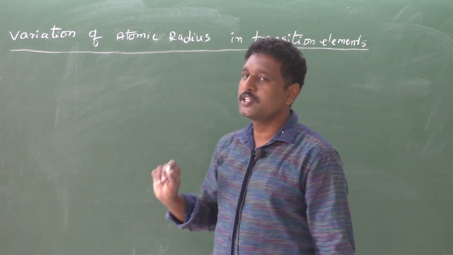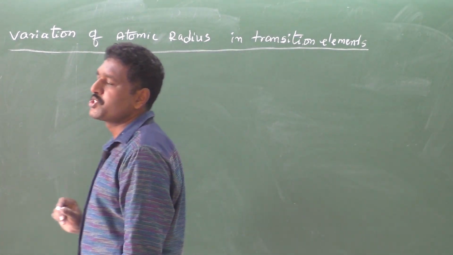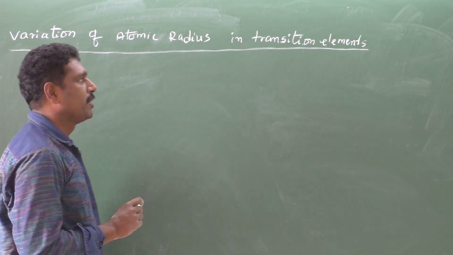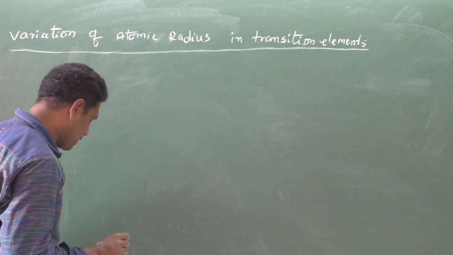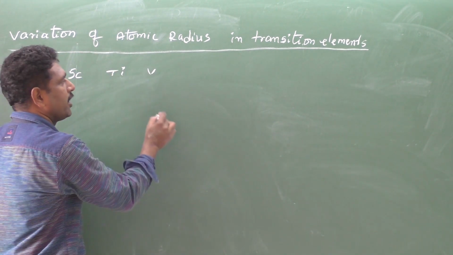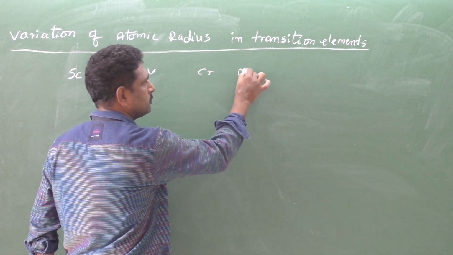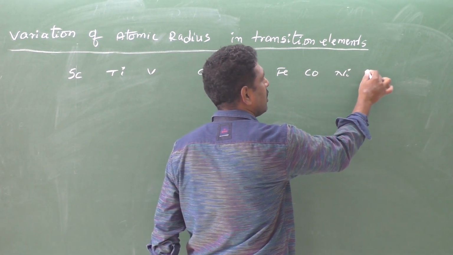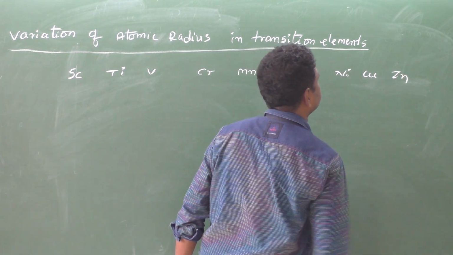Once you observe the 3d transitions, the first transition elements. What are the first transition elements? Scandium, titanium, vanadium, chromium, manganese, iron, cobalt, nickel, copper, zinc.